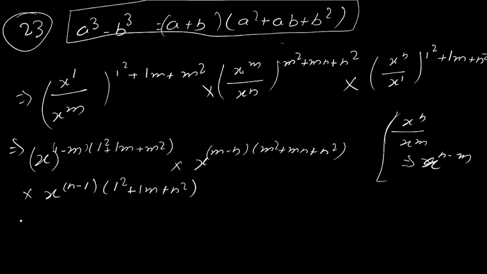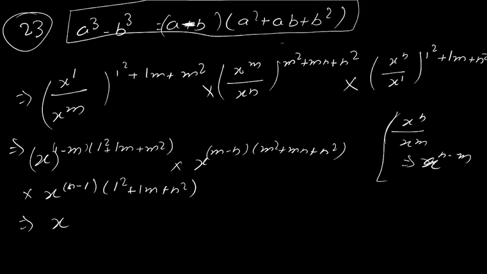Right sir. Now x to the power, you tell me, l minus m. a cube minus b cube equals a minus b times a square plus ab plus b square. This formula given in your question is a minus b.